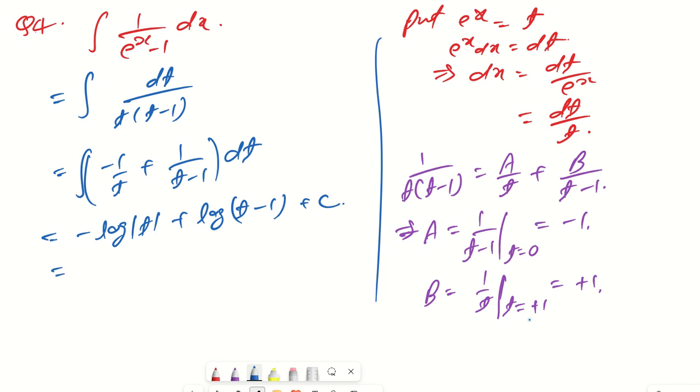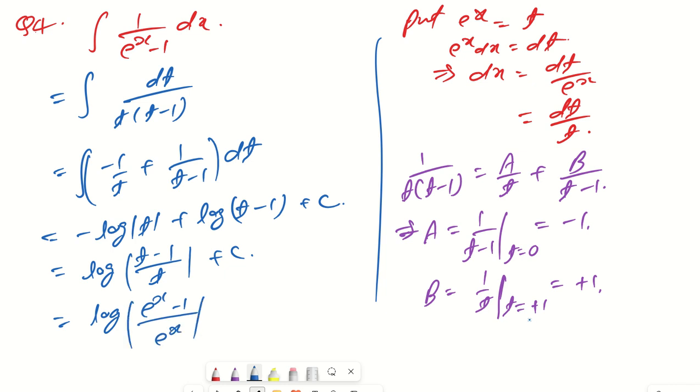And you can see log of a minus log of b can be log of a by b. So it can be log of (t minus 1) by t plus some constant c. And since we had put t as e to the power x, we can write it as log of (e to the power x minus 1) by e to the power x plus some constant c.